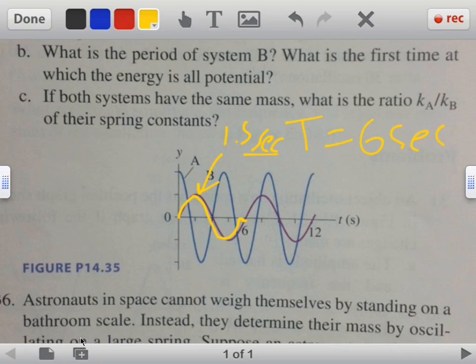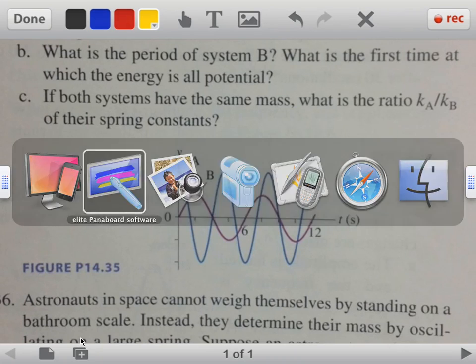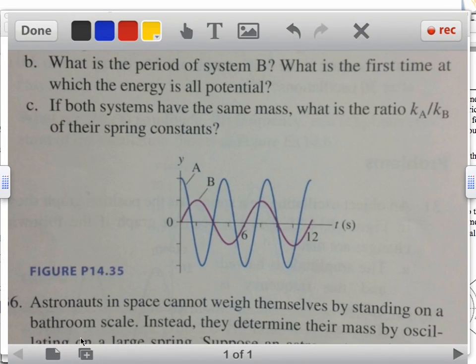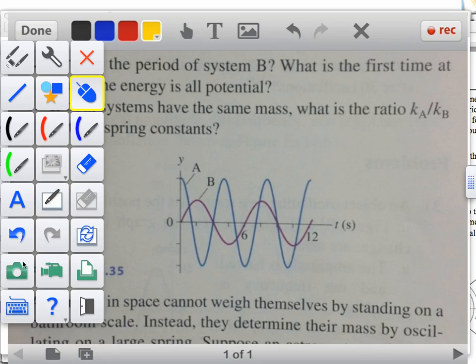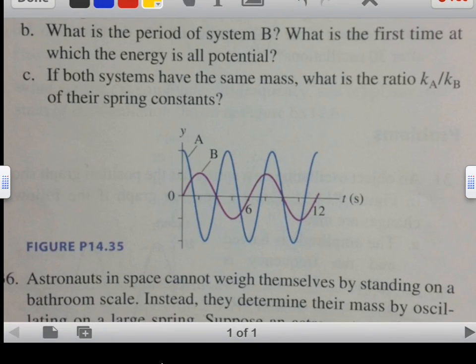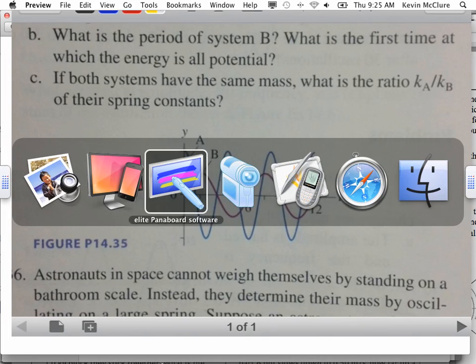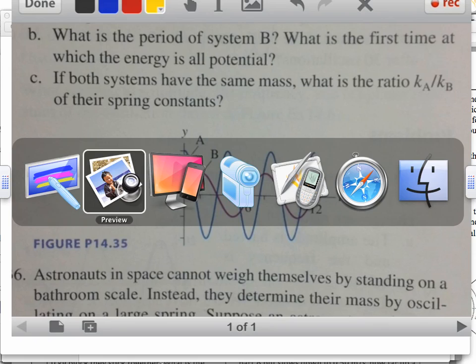Okay, and then C, if both systems have the same mass, what is the ratio of Ka to Kb of their spring constants? So this is just a little algebra based on everything that we know. There we go.